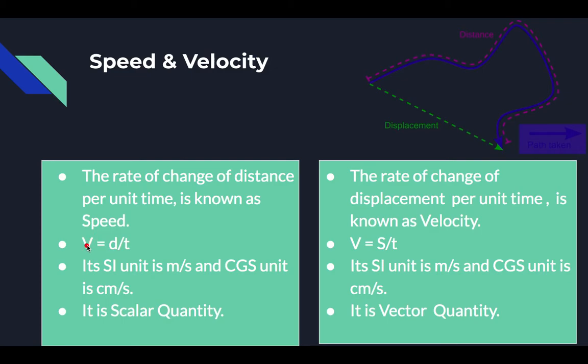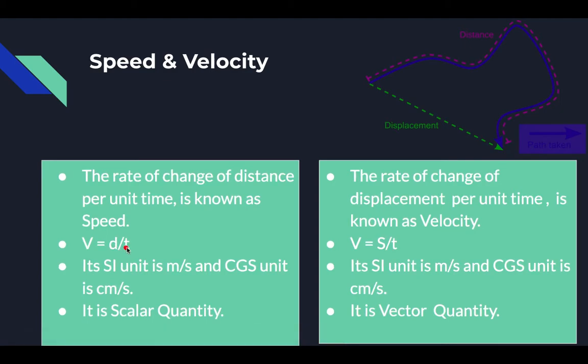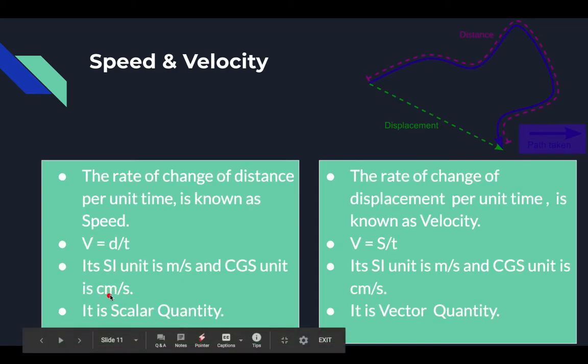The formula of speed is distance d per time t. The SI unit of distance is meter, and the SI unit of time is second, so the SI unit is meter per second. The CGS unit of distance is centimeter and time is second, so the CGS unit is centimeter per second.